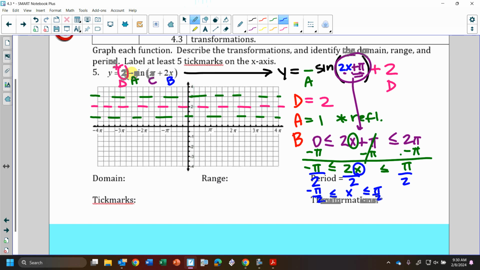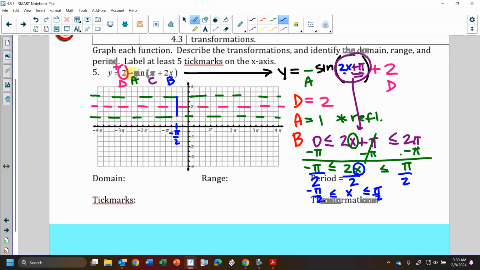All right, so let's draw this in our picture. Negative pi over 2. How many boxes to the left is negative pi over 2? Good, right here. This is going to be where I start my sine graph.